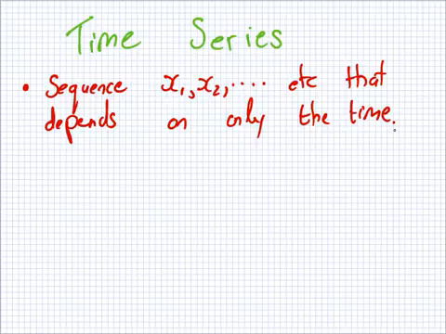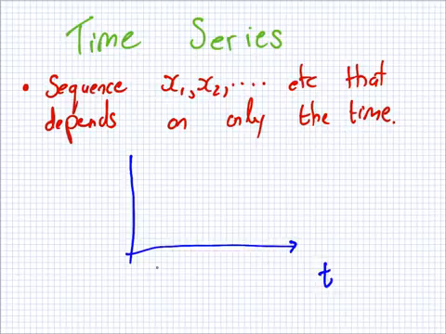So it is a lot like a line plot we did earlier. So here we have our time, and it could be something like months or days or years or whatever, but it doesn't matter.